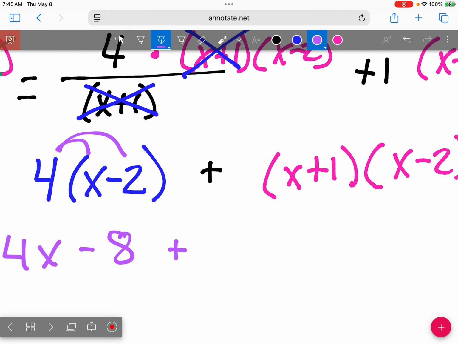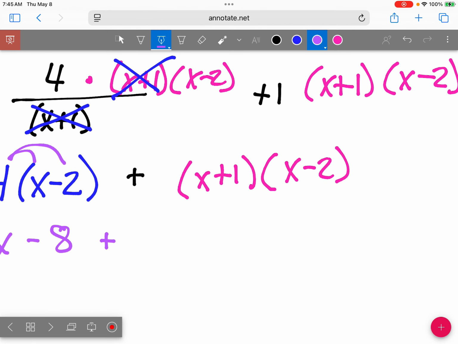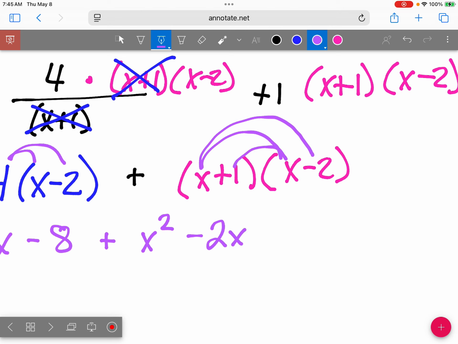And we're going to need to distribute over here too. So we're going to have our x times x, x squared, x times minus 2, minus 2x, plus 1x, minus 2.